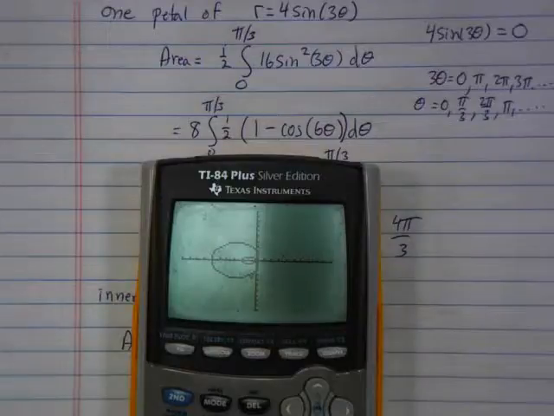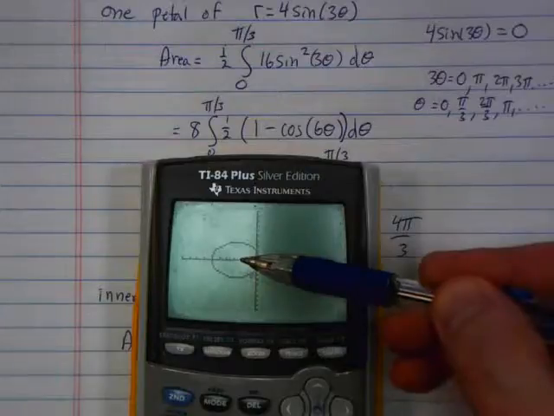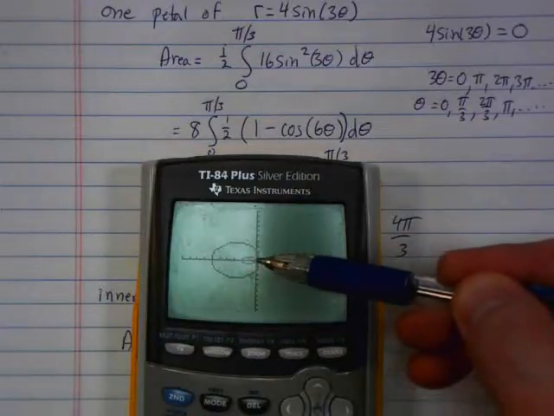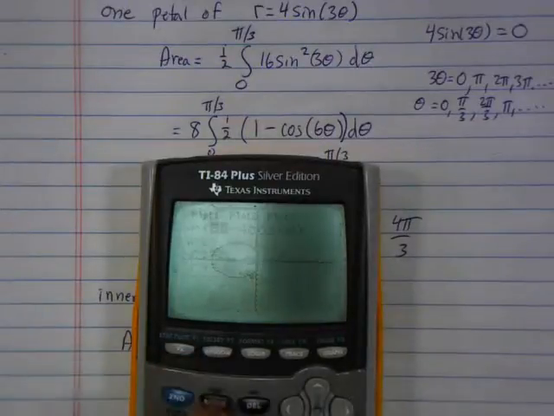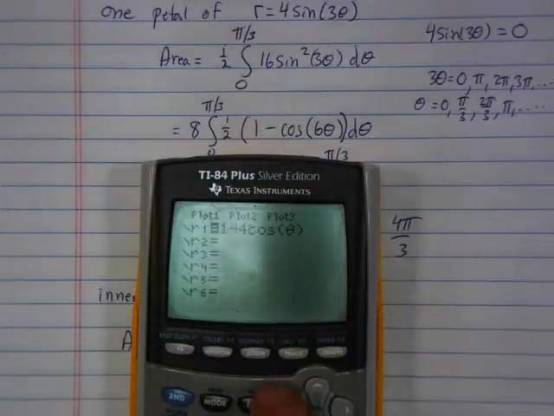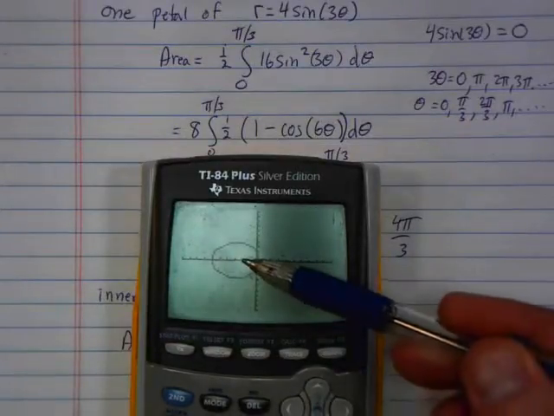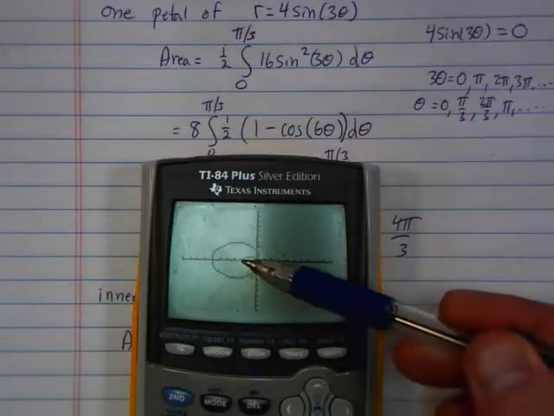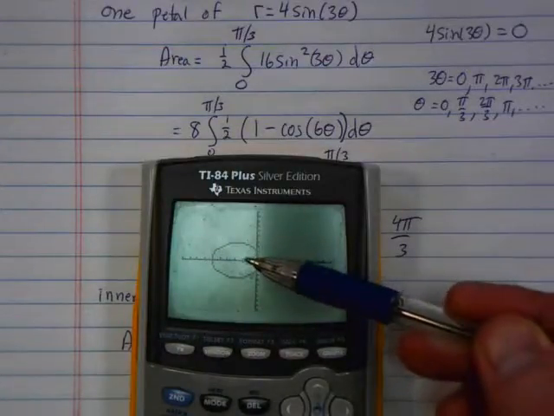So how did the calculator draw that? It started right there and drew the bottom part of that inner loop. Let's watch that again. I wish I could slow it down. Did you see it started right there and drew the bottom half of the inner loop? And then it did the big part, and then it did the top half of the inner loop.